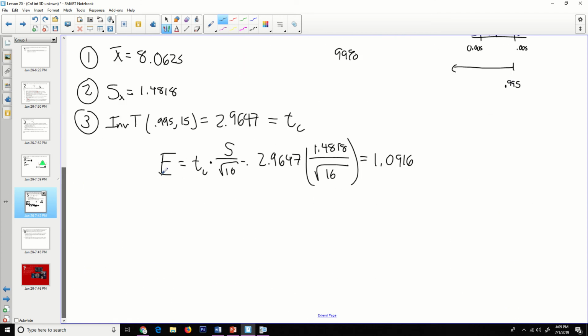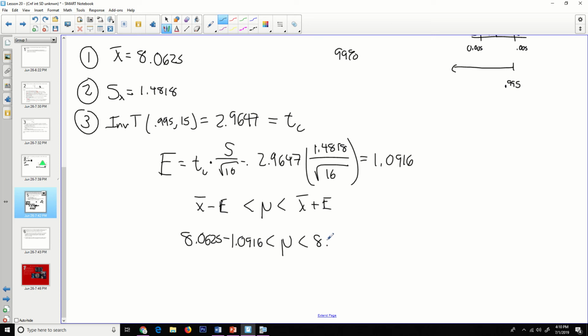So we're going to take the mean value that we have, and we're going to say that our global mean is going to be somewhere between the sample mean minus the margin of error and the sample mean plus the margin of error, which in this case is going to be 8.0625 minus 1.0916. That is my global mean.